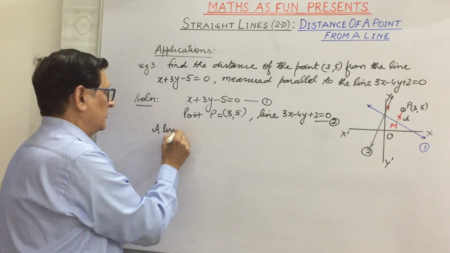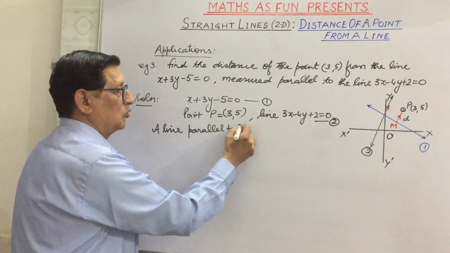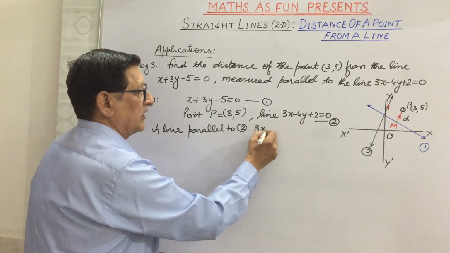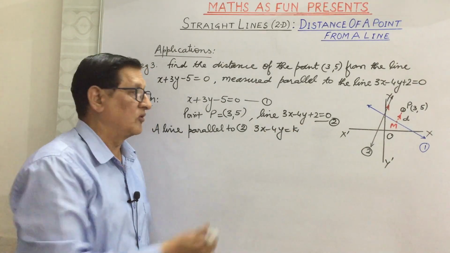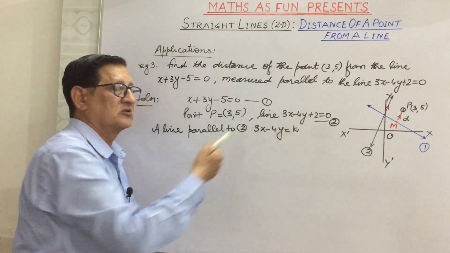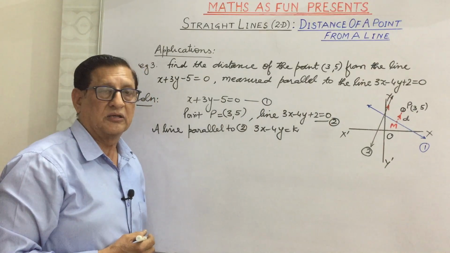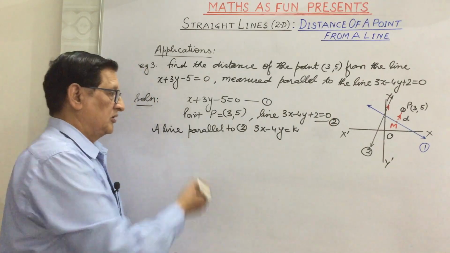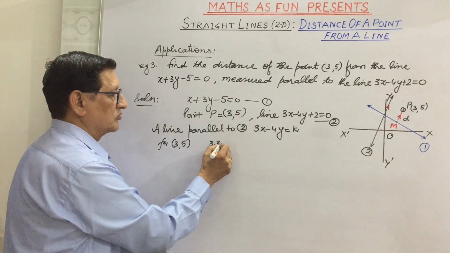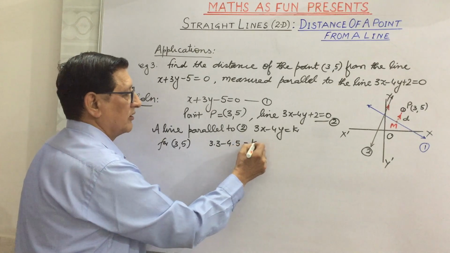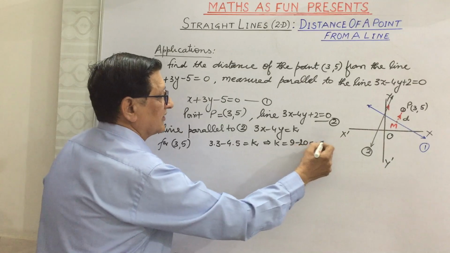A line parallel to line 2 is 3x minus 4y equal to k. The coefficients of x and y are to be kept same, only the constant will change. And we can find out the value of this constant by substituting the point 3, 5 in it. So for 3, 5, we are getting 3 into 3 minus 4 into 5 equal to k. It means k we are getting 9 minus 20, that is minus 11.